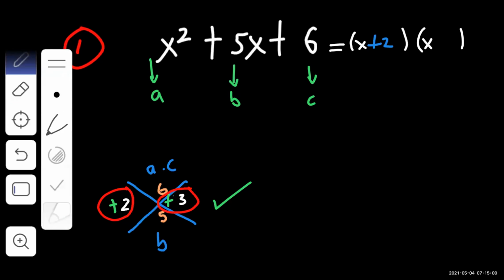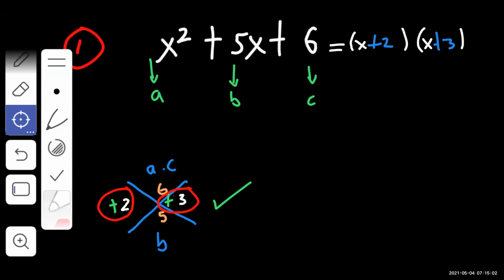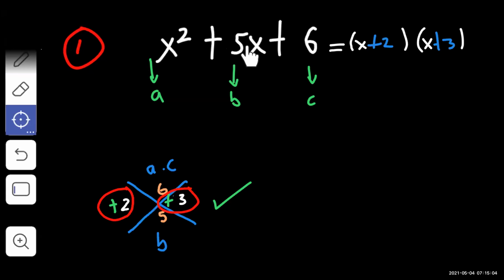Positive 3. That's correct. X squared plus 5x plus 6 is equivalent to x plus 2 times x plus 3. If you don't believe me, use the distributive property and multiply, and you're going to see that this is what you get if you multiply this out. Let's have another one.